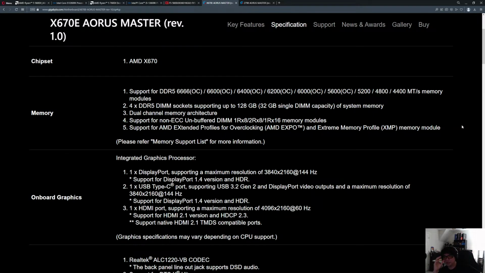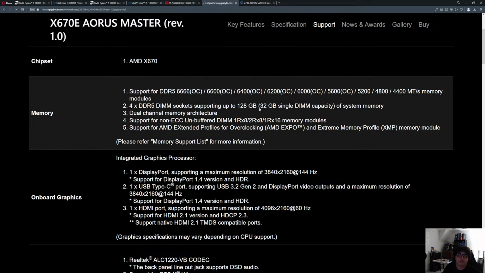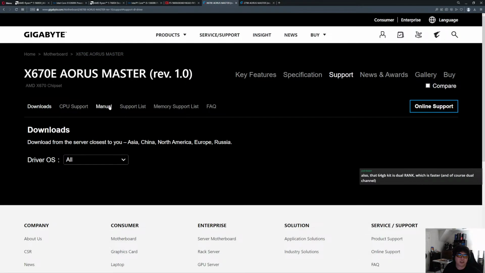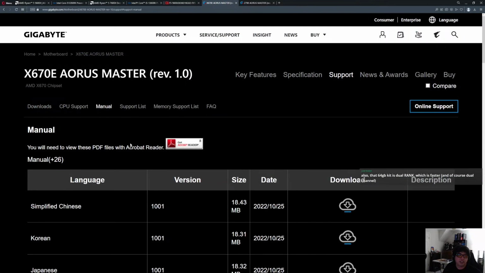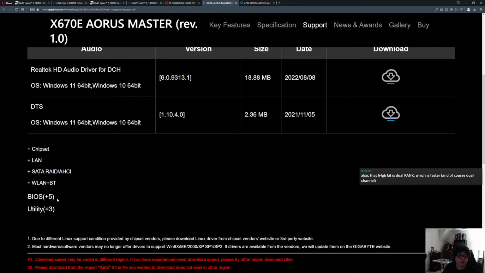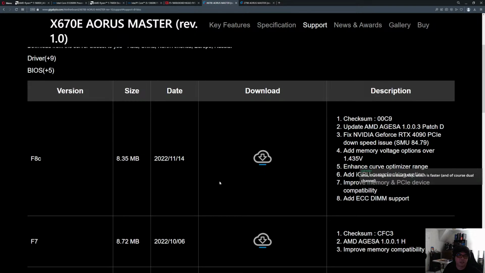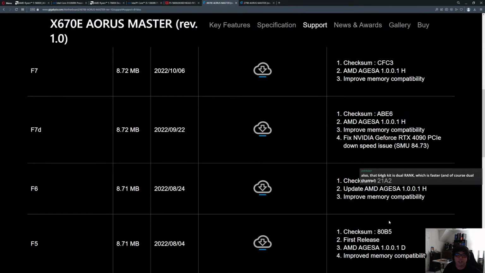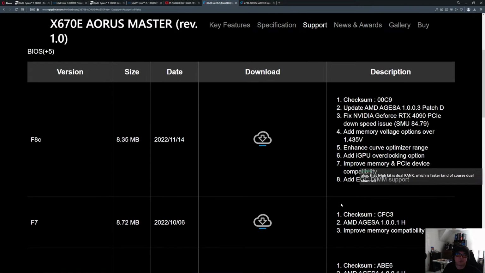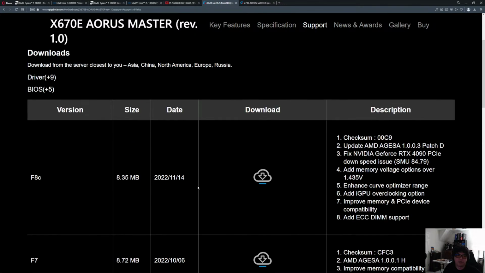But I do know, if you're on AMD, you always want to be on the lookout for BIOS updates. I got one of these day one, and there is a world of difference between the current BIOS and the day one BIOS in terms of memory.